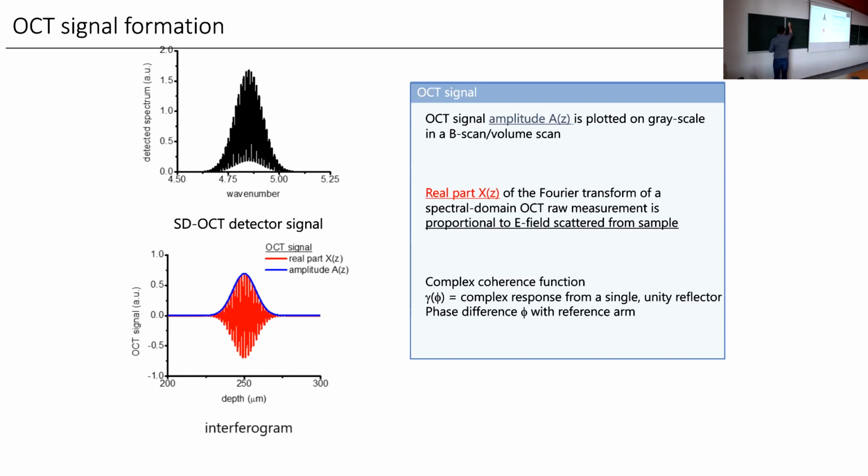We have this expression that the signal is proportional to the sample arm and the reference arm intensity times the complex exponential of delta L. The reference arm field is constant. It's just a mirror. So the OCT signal itself is proportional to the field.